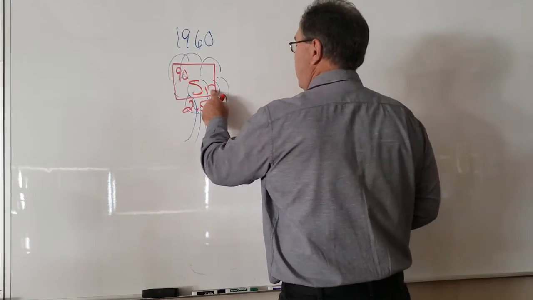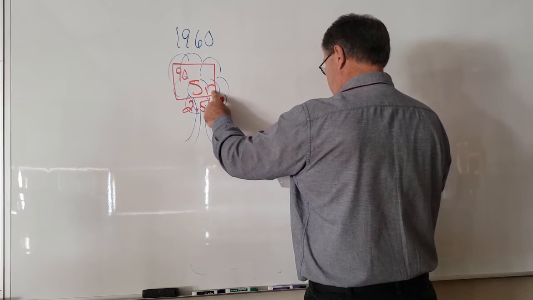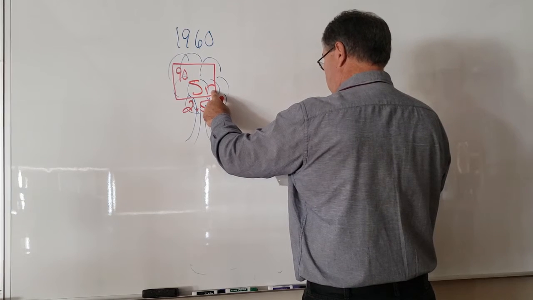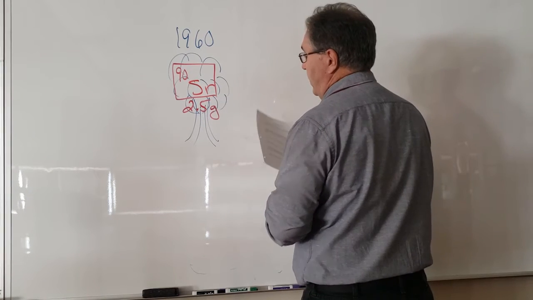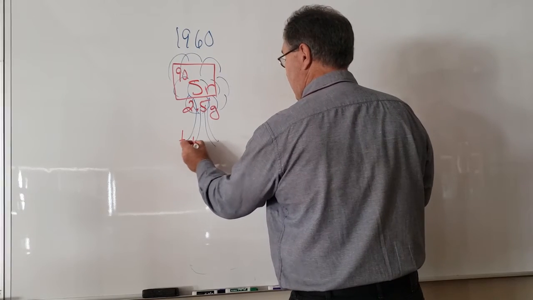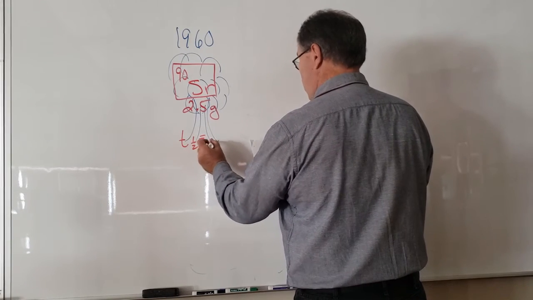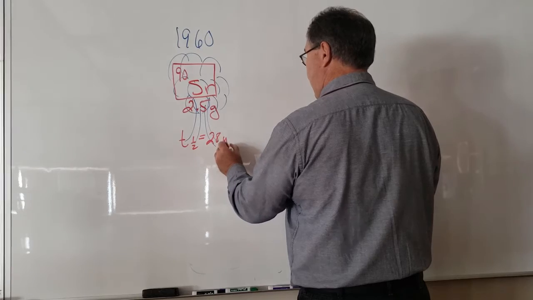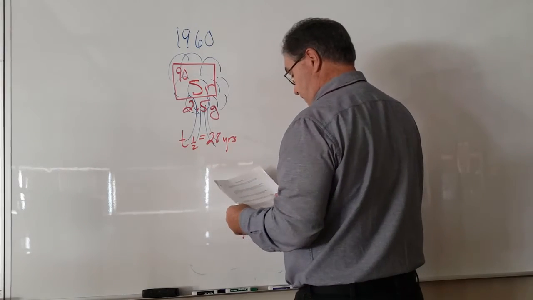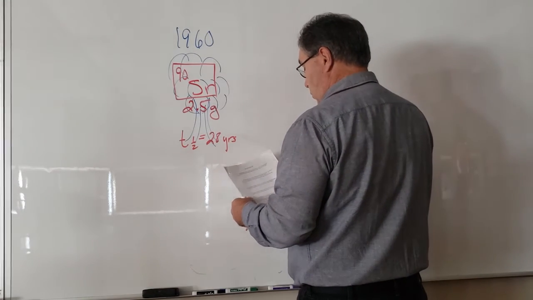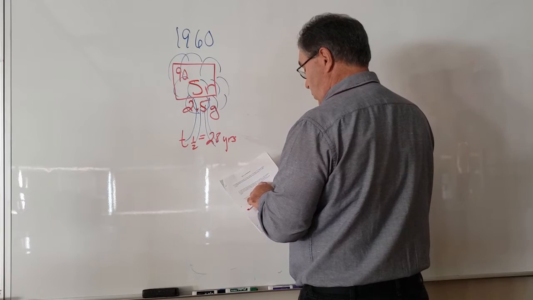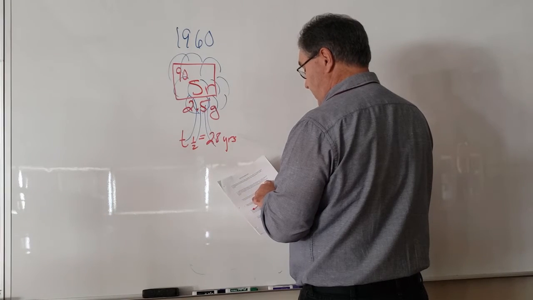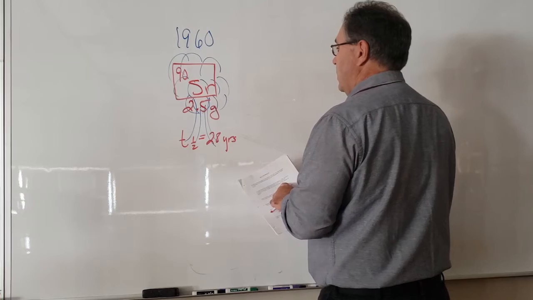Strontium 90 is a radioactive substance, and we're told that the half-life of strontium 90 is equal to 28 years. The question here is, in what year will only 0.625 grams of this strontium 90 remain?